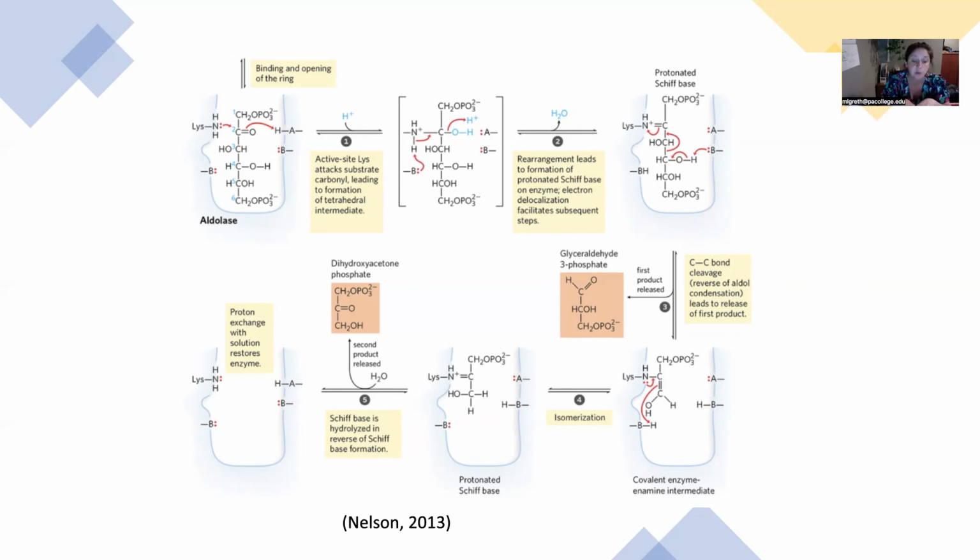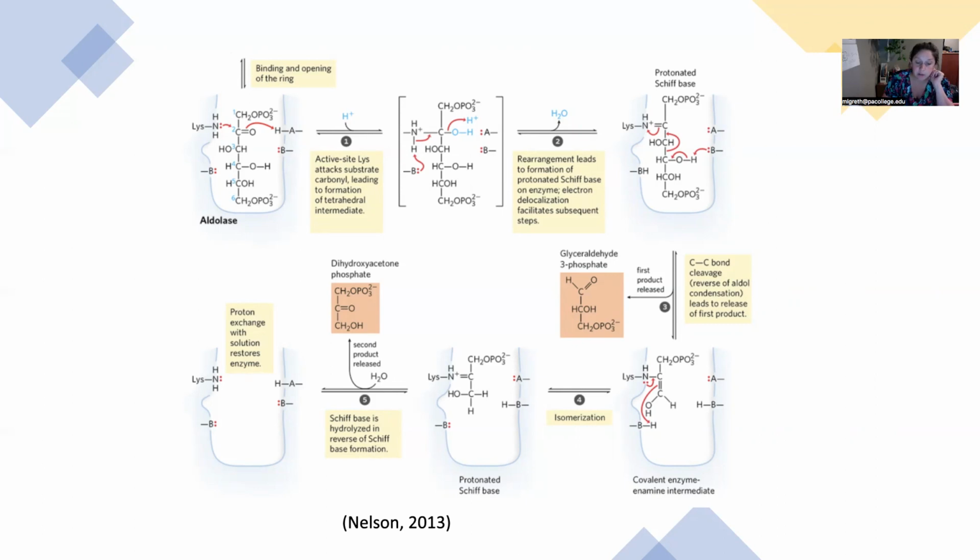Then lysine will take the hydrogen from the oxygen, forming a carbon-oxygen double bond, which breaks the carbon-carbon bond, forming a new carbon-carbon double bond and breaking off one of the carbon-nitrogen bonds. At this point, the first product, glyceraldehyde 3-phosphate, is formed, and it will leave the enzyme.